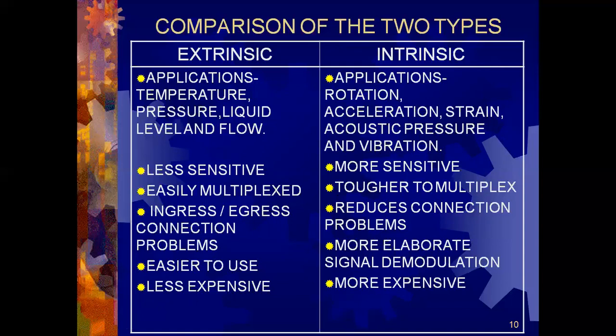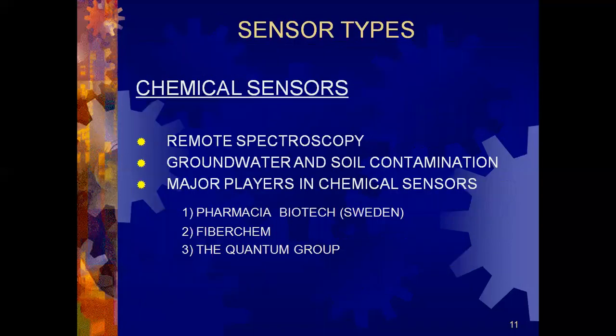So we are using so many applications. The sensor types: chemical sensors, remote spectroscopy, groundwater and soil contamination. Major players in chemical sensors are Pharmacia Biotech in Sweden, Fiberchem, and the Quantum Group.